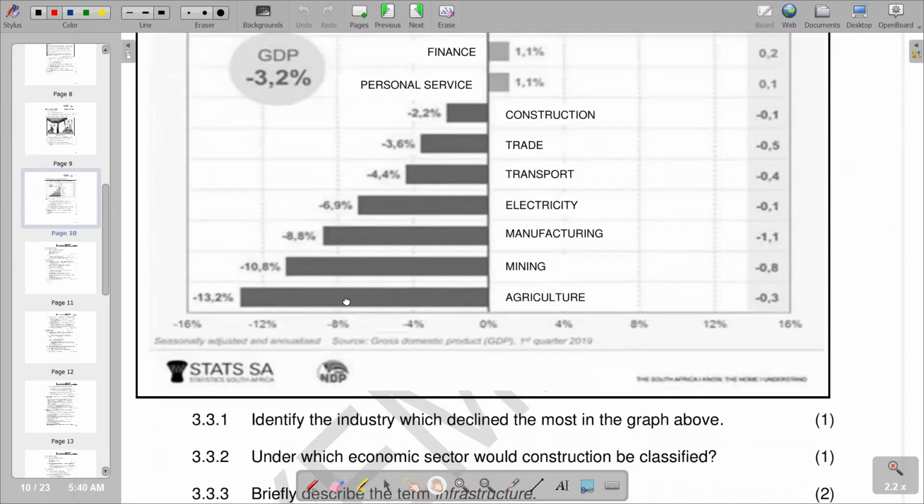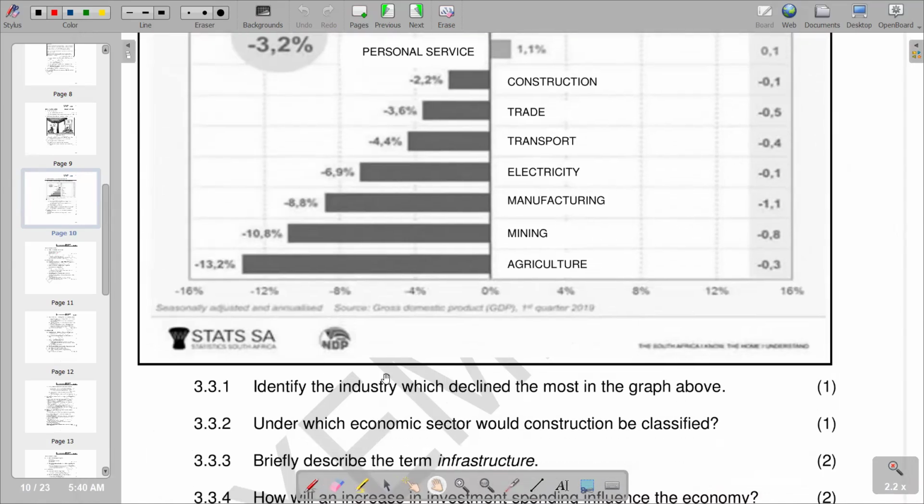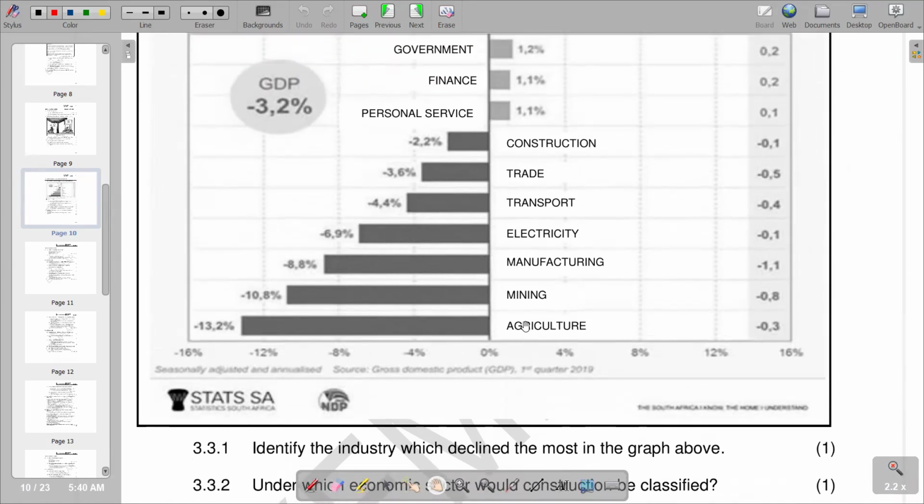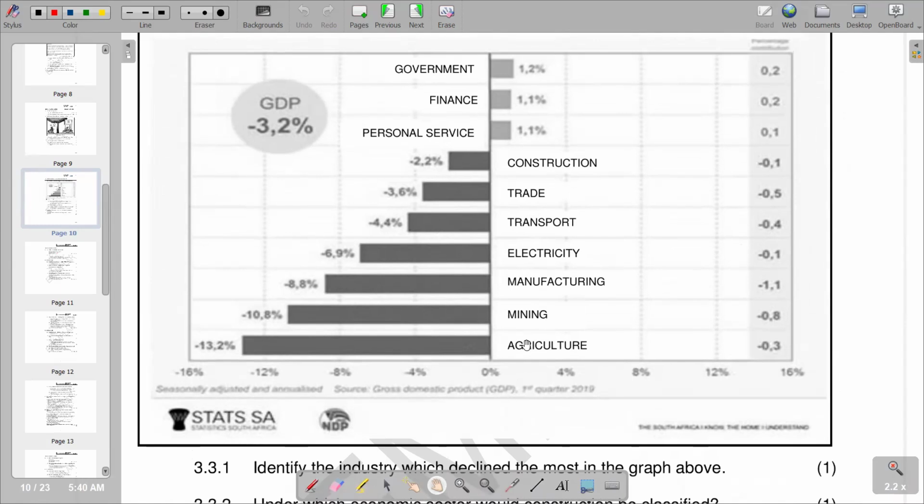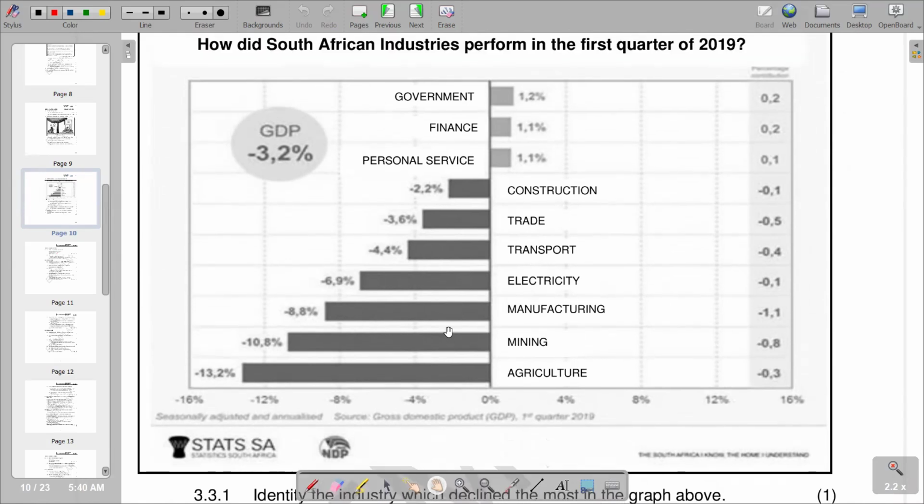Then within that first question reads, identify the industry which declined the most in the graph above. So if you talk about the industry that declined, obviously, if you go to the left side, that's where we have got our industries, and we are going to see that we have 13.2% indicating the greatest decline that we can see according to the information that we have there.